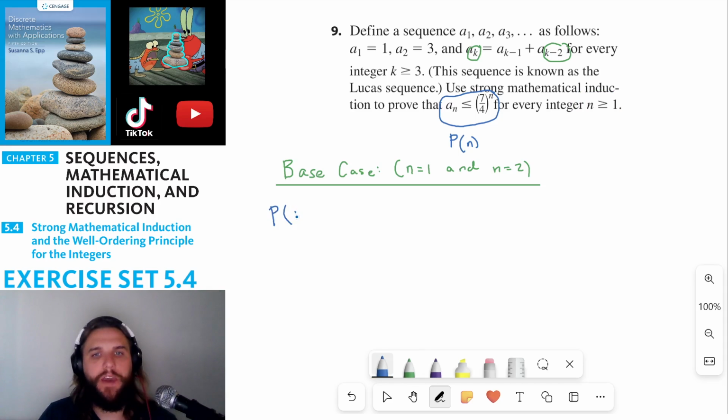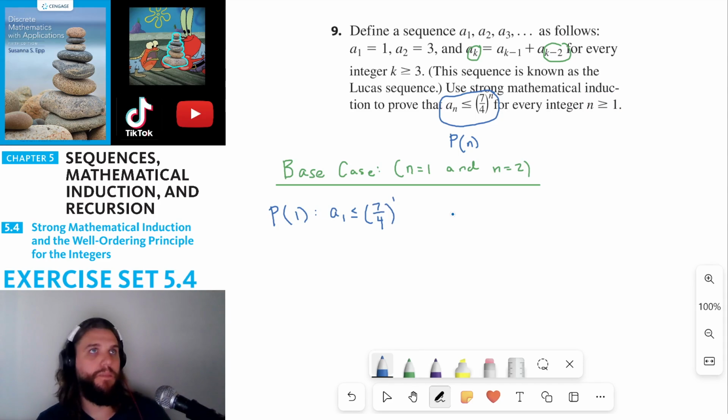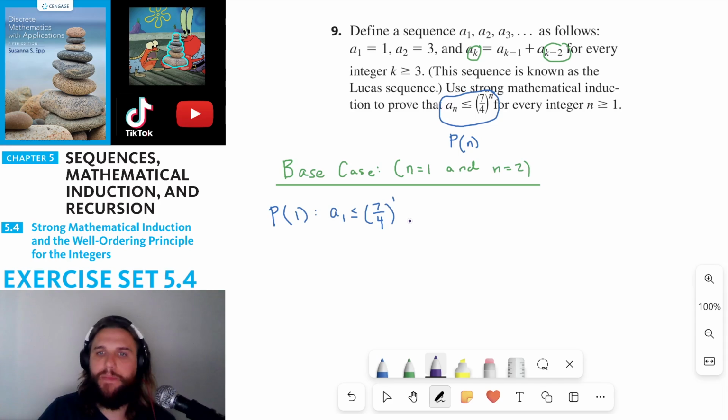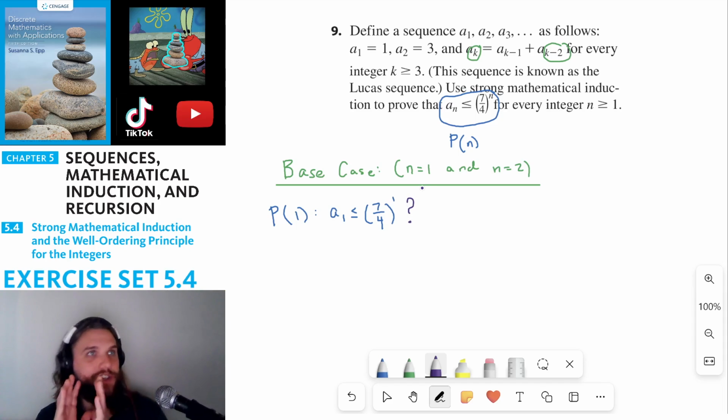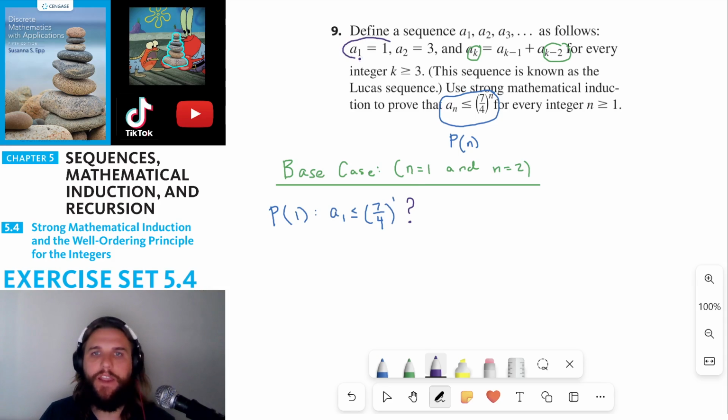We'll start with P of 1. What is P of 1? P of 1 is the statement that a sub 1 is less than or equal to (7/4) raised to the 1st power. I'm going to put a question mark here because I don't want to assert the thing that we want to show. It might seem obvious, but we need to point out why it's true. On one hand, they give us what a sub 1 is. a sub 1 is equal to 1.